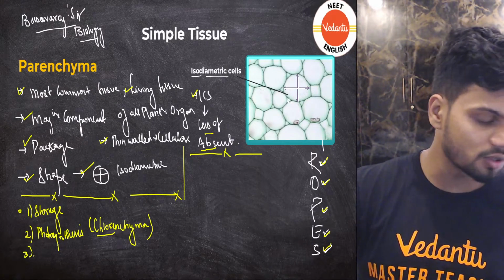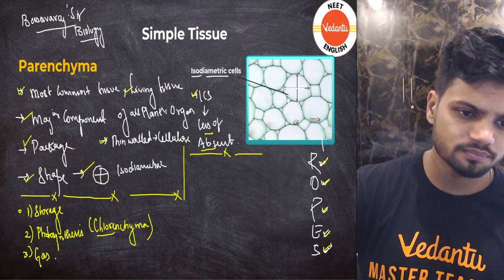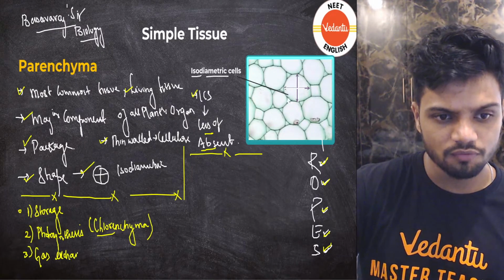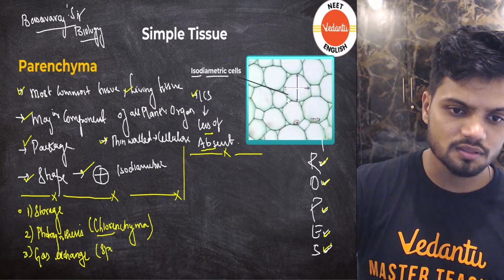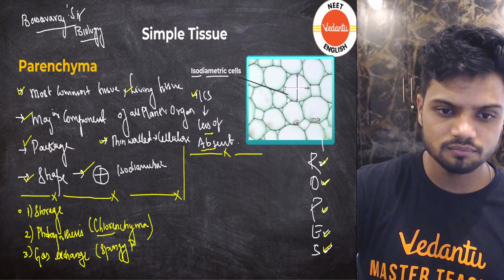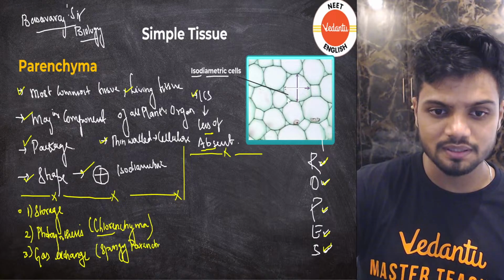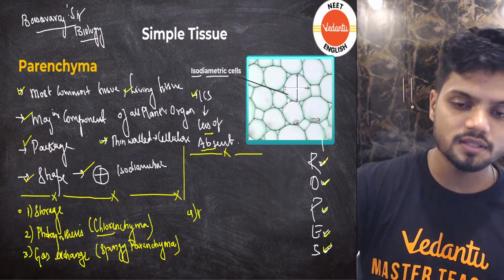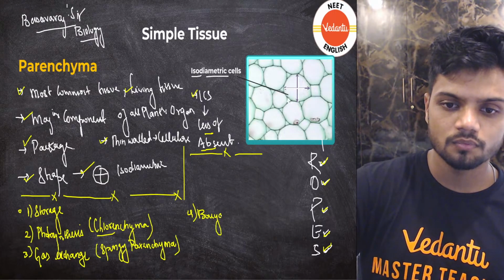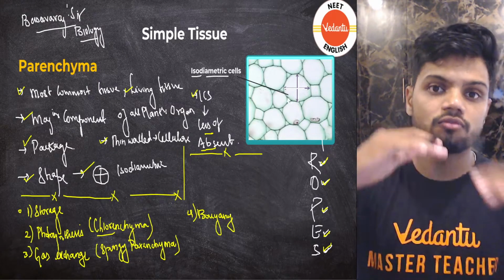Then the other thing is gas exchange. If a parenchyma is helping in gas exchange, that is spongy parenchyma. Then it can also help in buoyancy, that is floating on top.